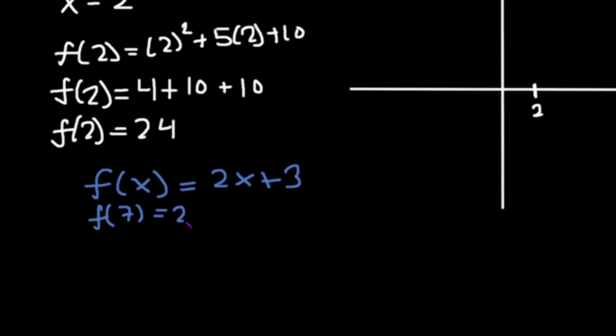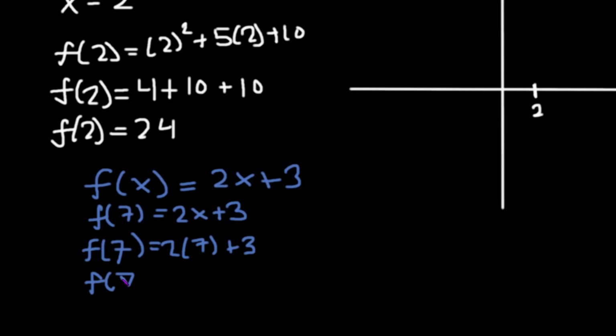We would write out the same equation, and now we would substitute all the x terms as 7. We only have one x term as it is a linear term, it's just a straight line. So we write 2 times 7, and then we write plus 3, and now we solve. 2 times 7 is 14, 14 plus 3 is 17.